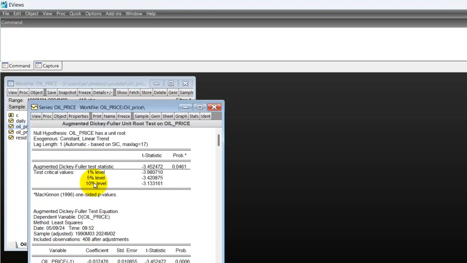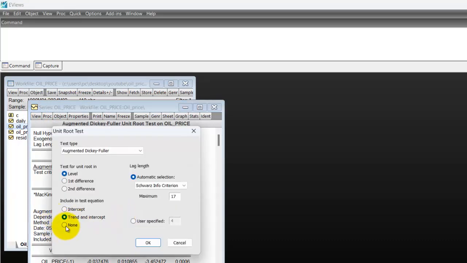But we must not stop there. Why? Because two of the options in the second panel show that it is not stationary at level. So let us go back and take this to none, and here instead of level, let us go for first difference and see what is going to happen to the results.